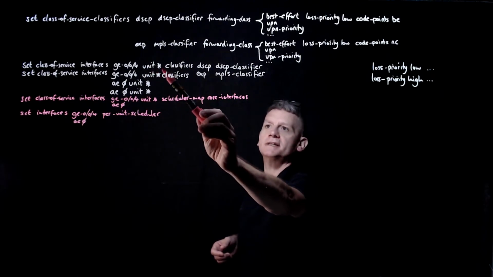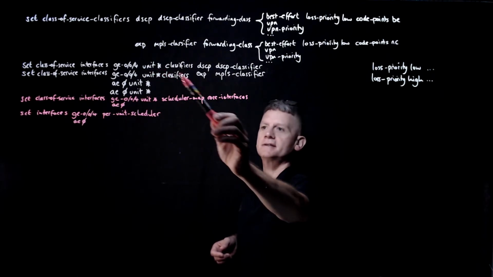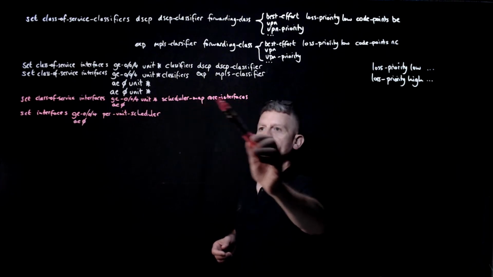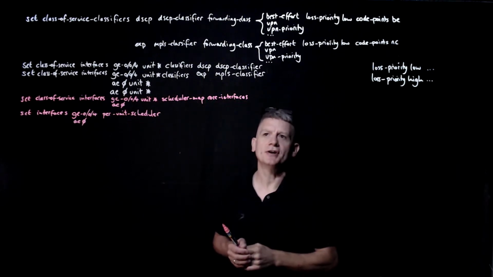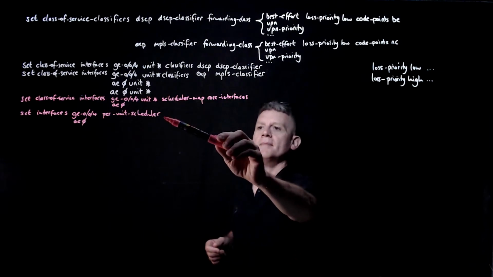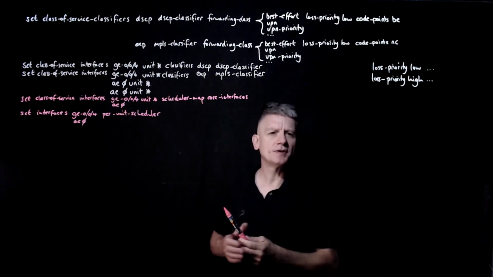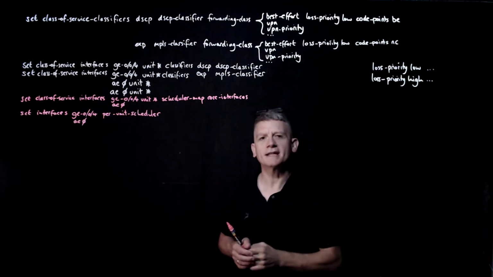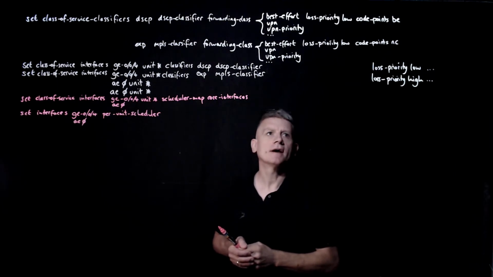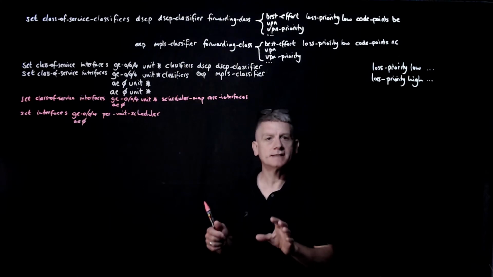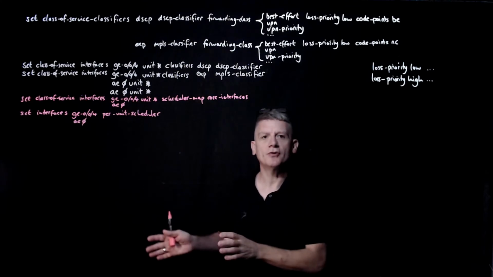Obviously, we're going to need a wildcard here on the unit. And if you remember with the scheduler, there's just this extra command here that allows the per unit scheduler. So best not forgotten. It's on the previous screen, on the top right hand side of the board, but just reminding us of it there. And then that's it. That's the classifier that fits on the core interfaces.